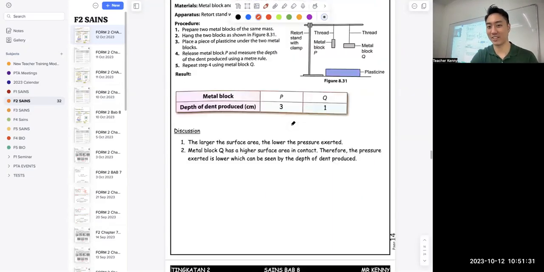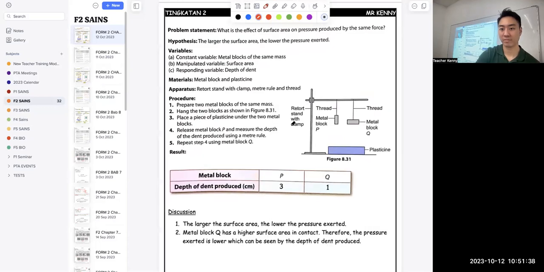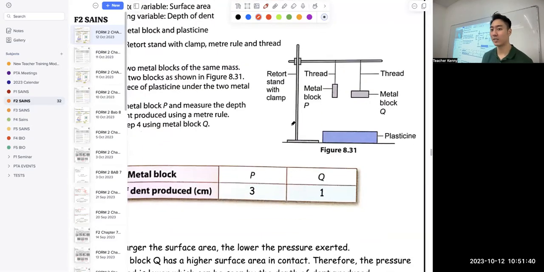Okay, finish this last part. Can? So let's look over here. Look at metal block P and metal block Q, right? If I use the scissor to cut both of them, the metal block will fall on the plasticine, 对吗? You know what plasticine is, right?